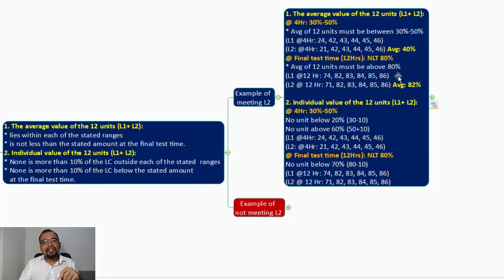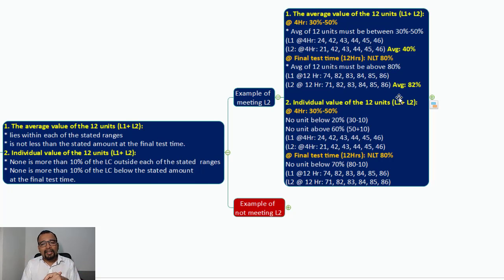The final test time point is the 12th hour, and the requirement for dissolution is not less than 80%. So at the L2 stage, your average of 12 units must be 80% or above.